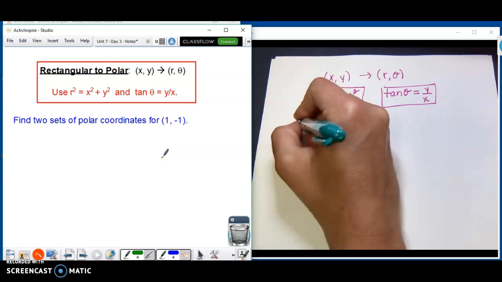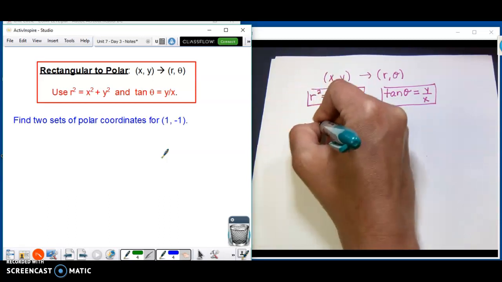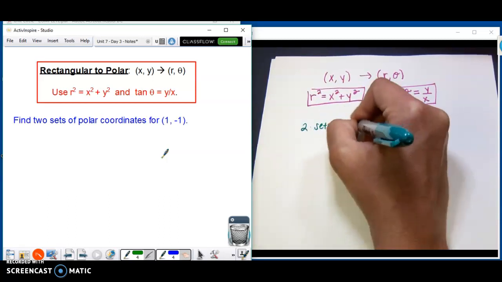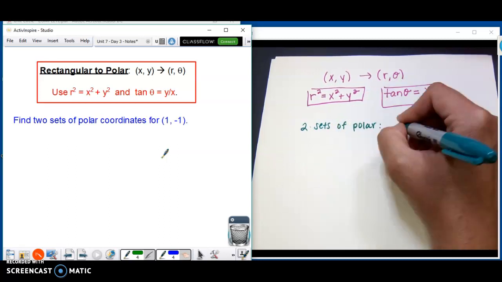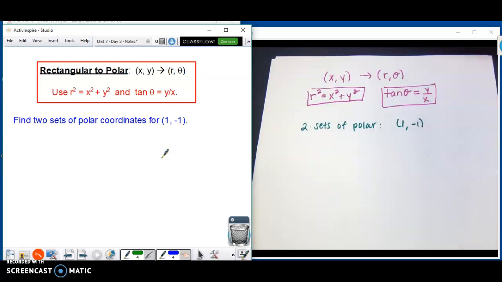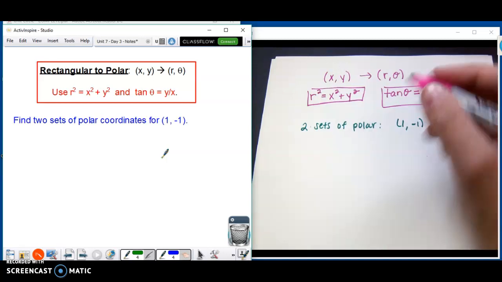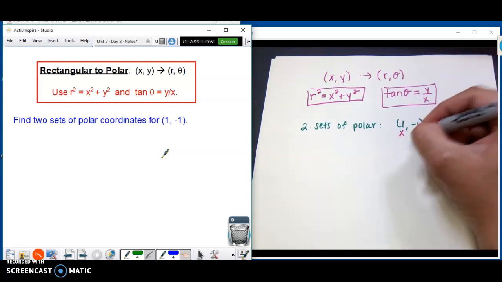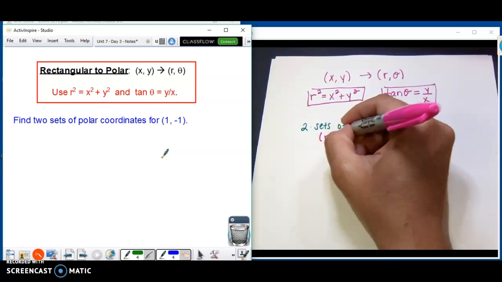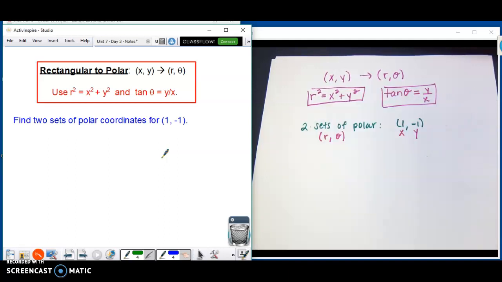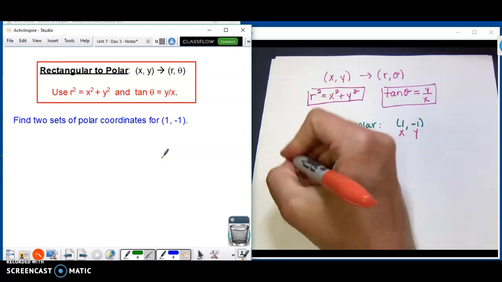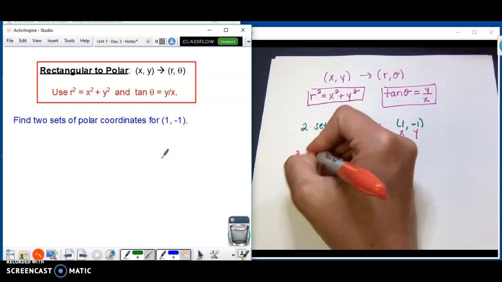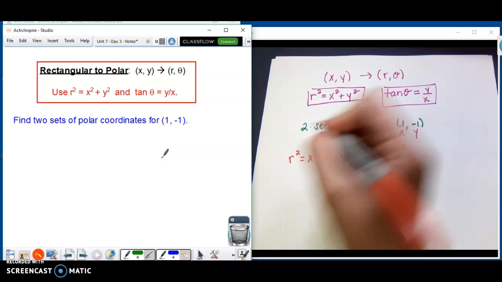So we want to find two sets of polar coordinates for the rectangular point (1, -1). Like I said, I like to think about this: right now we have rectangular, we have x and y. We're finding r and theta, what we're missing. So looking at our formulas, I'm going to start with r squared equals x squared plus y squared.